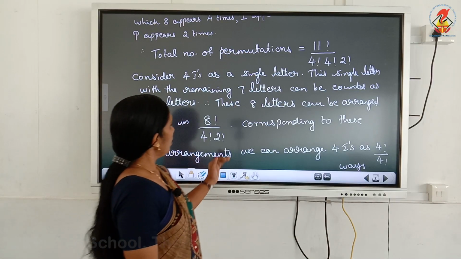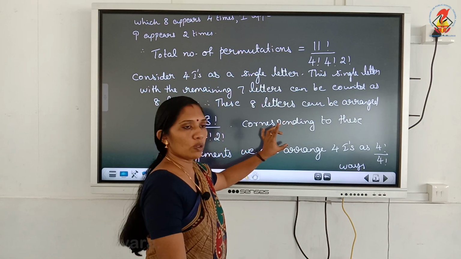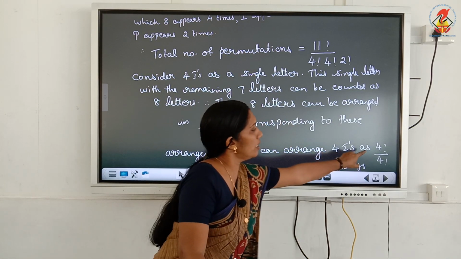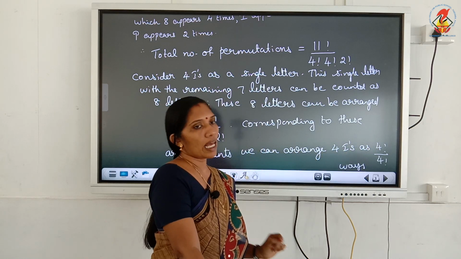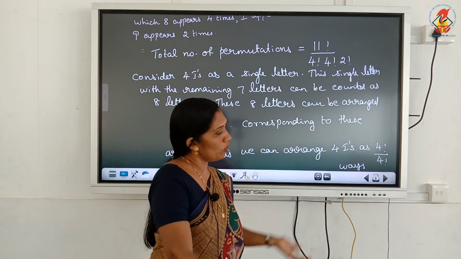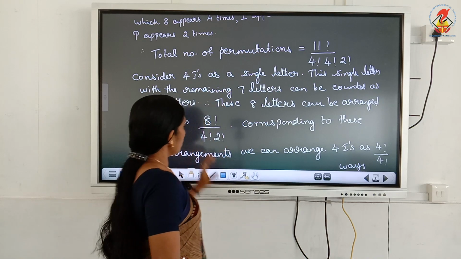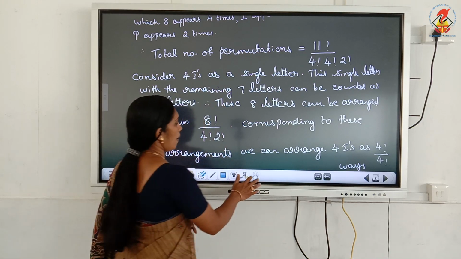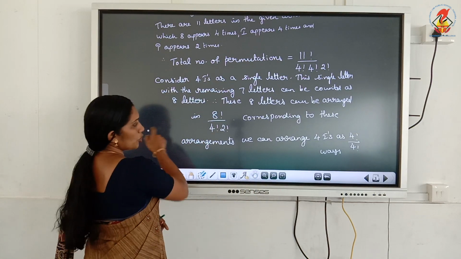Okay. So if you don't write this part, then also it's correct, because here 4 places are there and I repeats 4 times, so that cancels. Okay. So this much is enough. But in some questions you have to do this. That's why I am writing this.